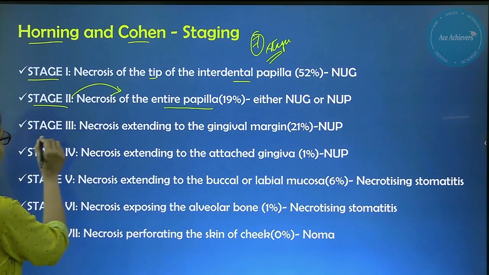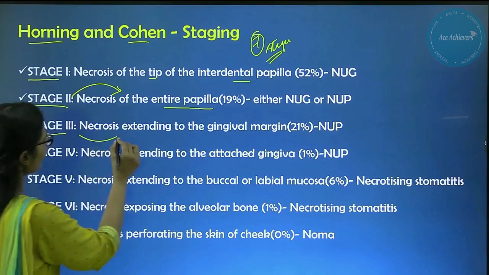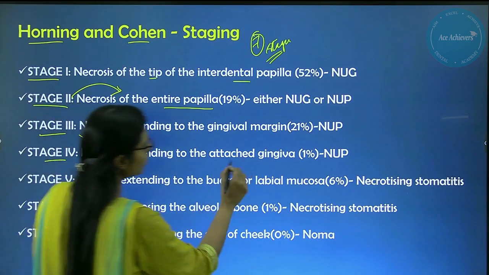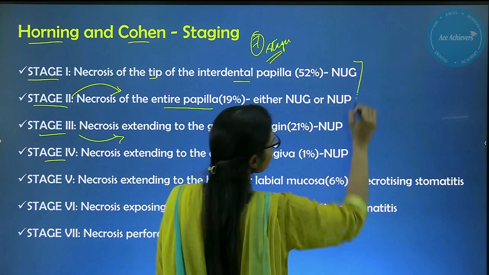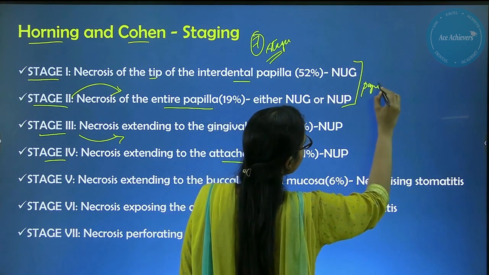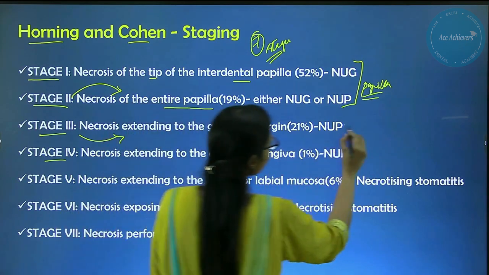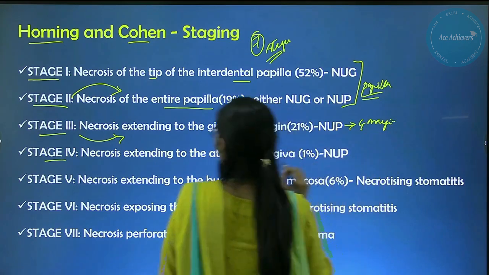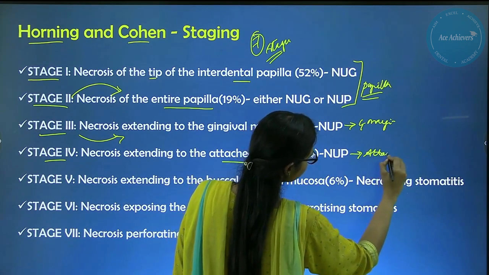In stage 3, it extends into the gingival margin also. In stage 4, it extends to the attached gingiva. Remember, stage 1 and stage 2 are localized to the papilla, tip of the papillae and entire papillae. In stage 3, it involves the gingival margin, and in stage 4, it extends to the attached gingiva.